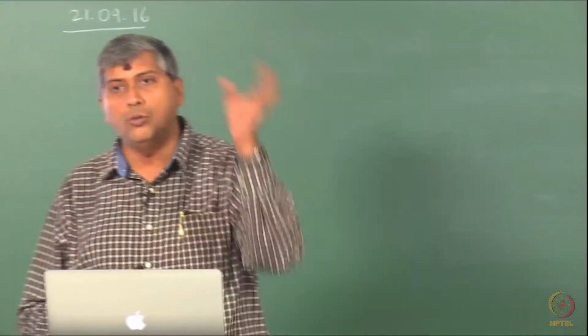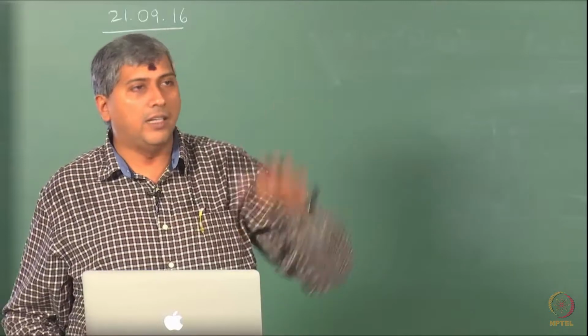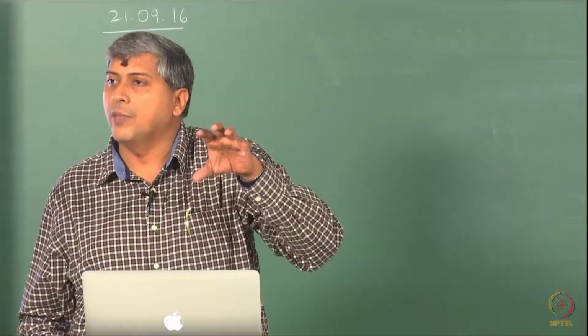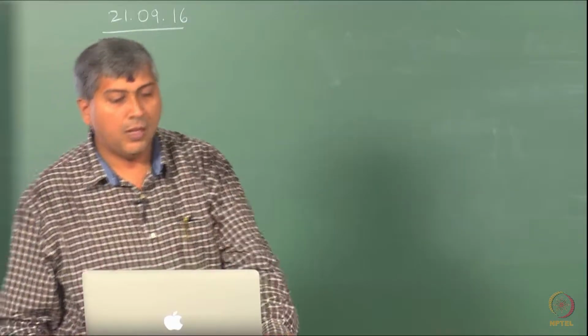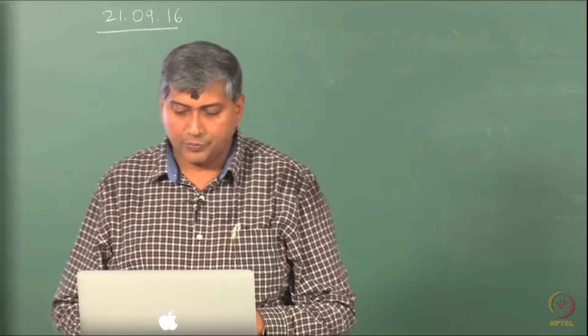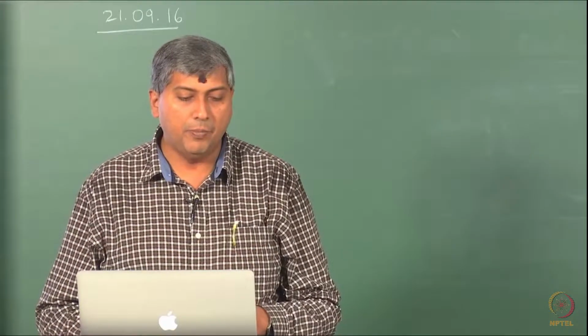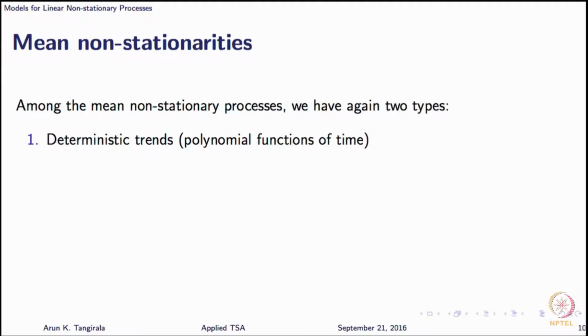And then to top all of this, you can have periodicities, or in general seasonality. Seasonality is a generalization of the concept of periodicity. So, what we will do is start with the mean type non-stationarity and discuss the deterministic ones first. So, let us do that.